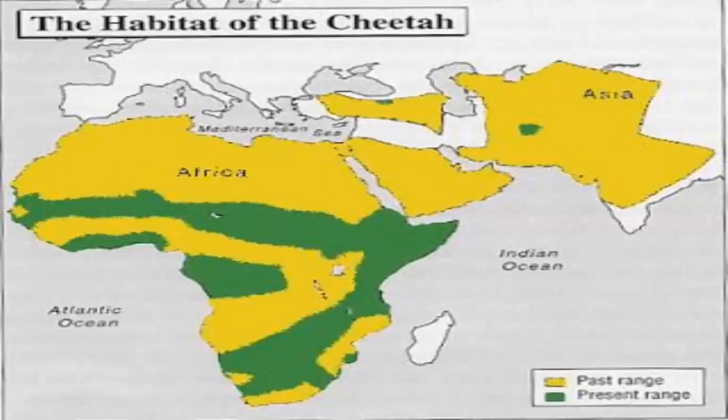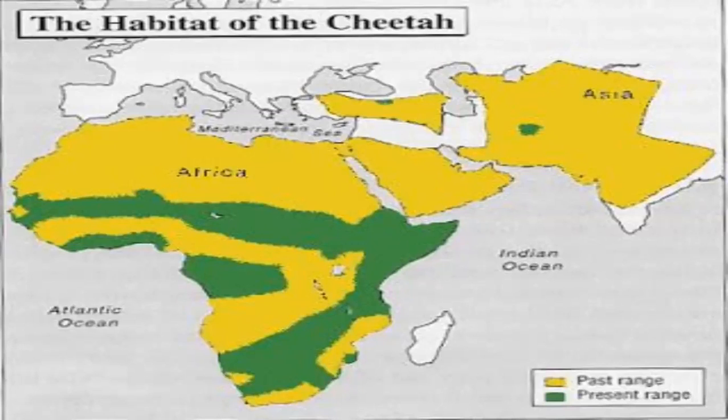Okay, so here we have a map that shows the population of the cheetahs. If you can see the green areas here, these are the areas where cheetahs can be found in the present. All over Central, Western, and Eastern Africa, and also a small area in Asia.